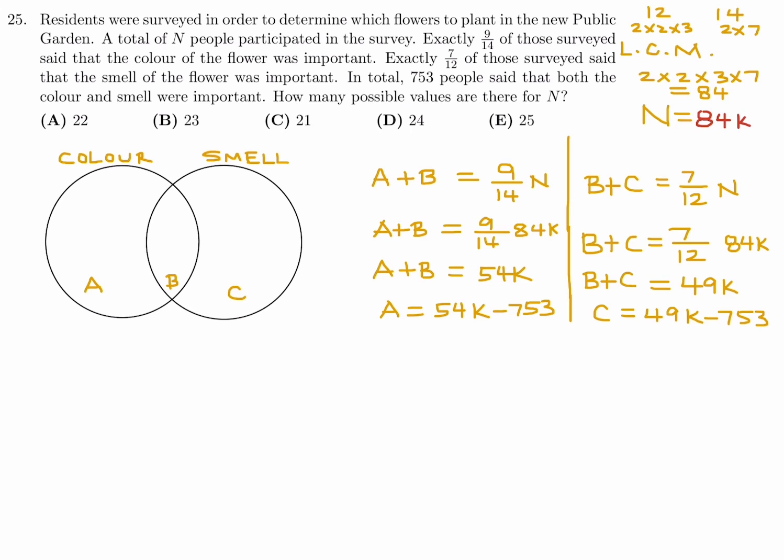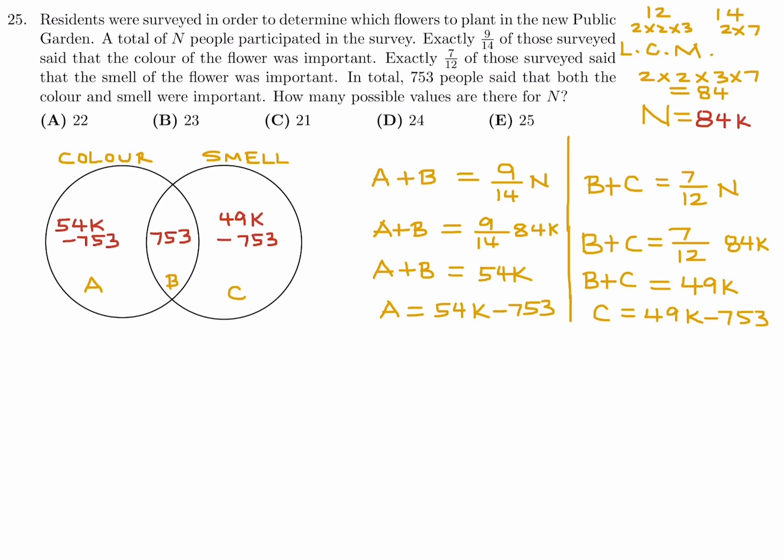So now let's complete this Venn diagram with the values. Well, B they gave me in the question, 753. A I just figured out was 54k minus 753. And C was 49k minus 753.